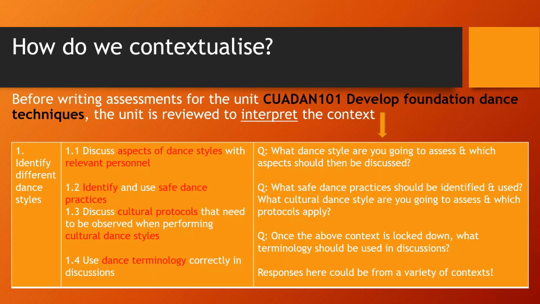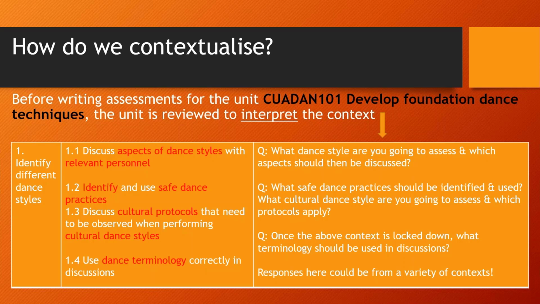So you need to really lock down which of the dance styles you would want to observe someone discussing with relevant personnel. So if you just said on your observation checklist, for example, observed candidate discussing dance styles with relevant personnel, anyone who's using that assessment instrument, so that observation checklist to observe someone, won't know what sort of dance styles they're wanting to see being discussed.